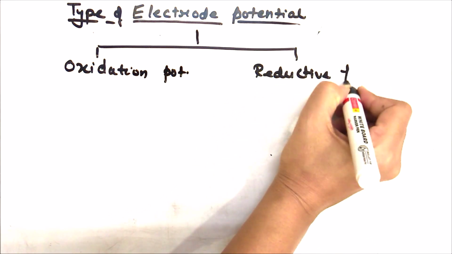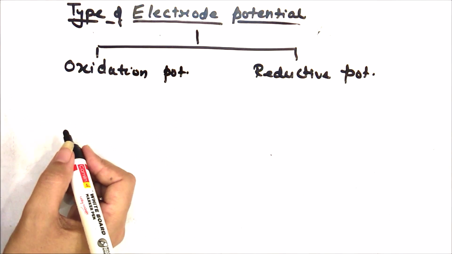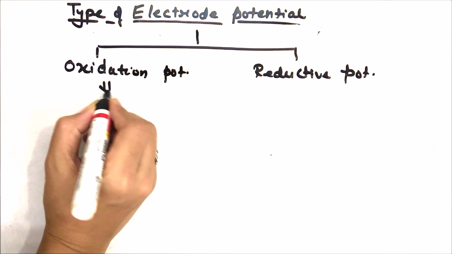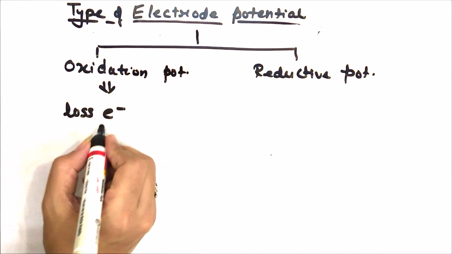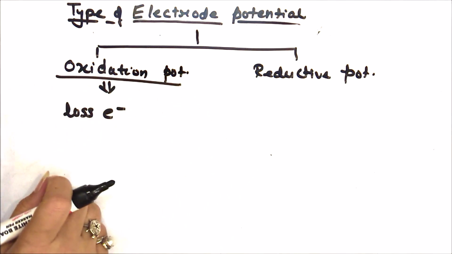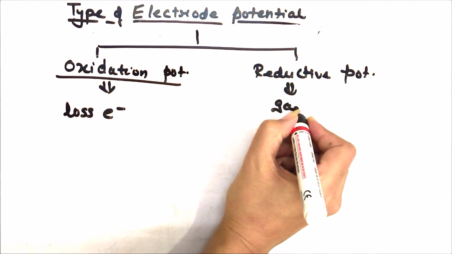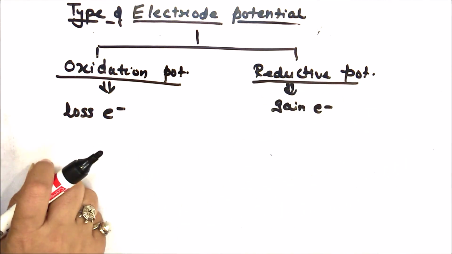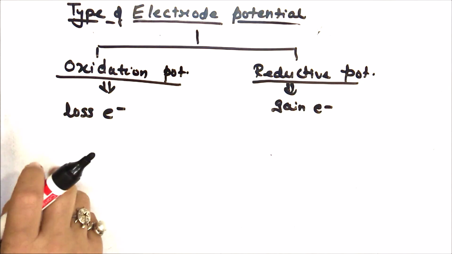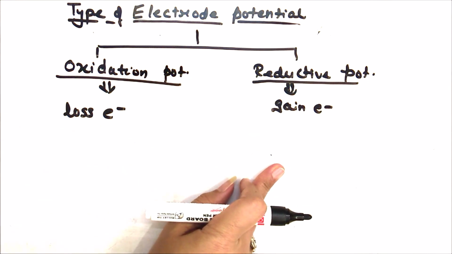Students, by the words themselves you can define oxidation potential and reduction potential, right? Oxidation potential is for the electrode which loses electrons. So an electrode which has a tendency to lose electrons is called oxidation potential or oxidative electrode potential, and an electrode which has a tendency to gain electrons is called reductive electrode potential or reduction potential.